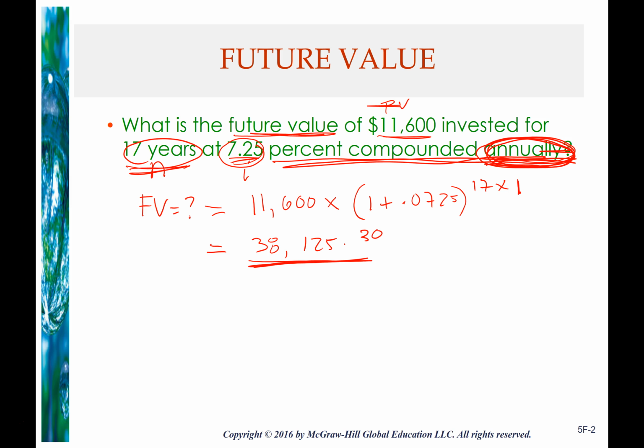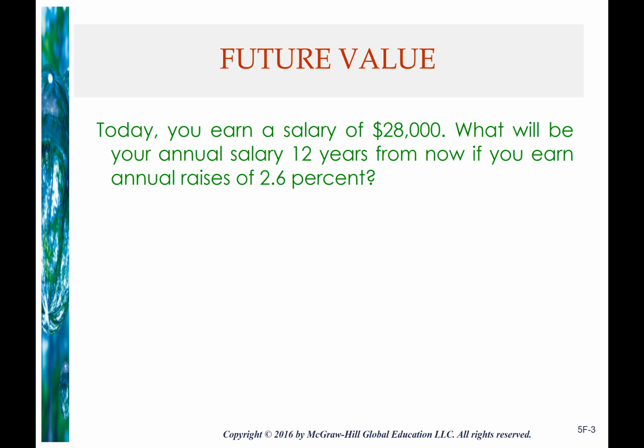All right, next example. It says today. Automatically, I don't even have to read the rest of the problem. Today, that's present value. You earn a salary of $28,000. So today, your present value of the salary is $28,000. What will be, keywords, what will be, so you're looking for the future value.